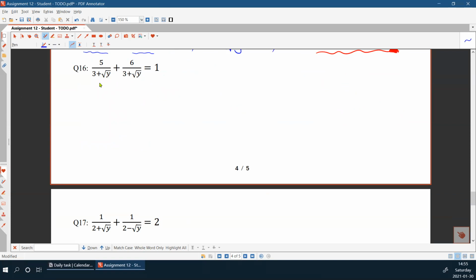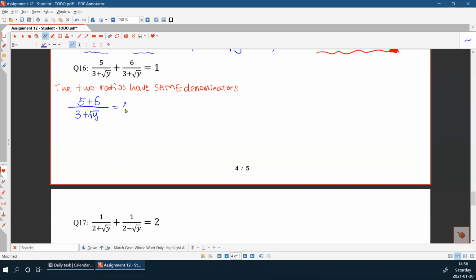Okay, next one, note that the two ratios have the same denominator, right? Okay, this means we can directly merge these two ratios. This gives us 5 plus 6 over the same denominator.